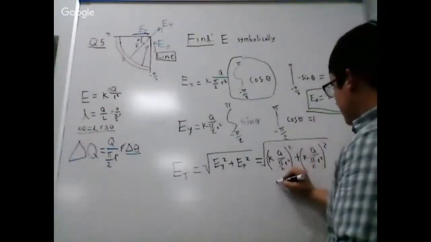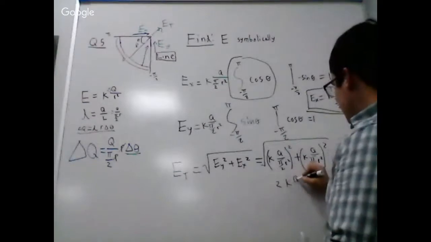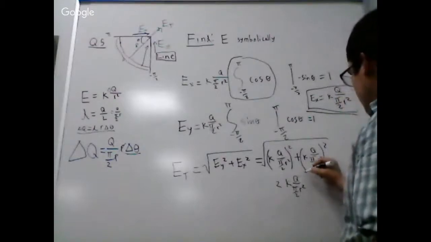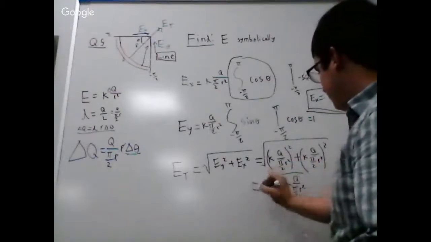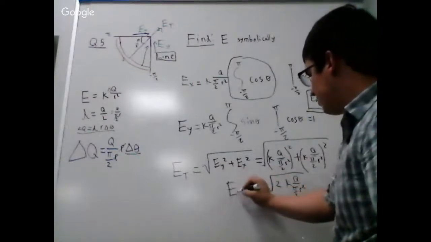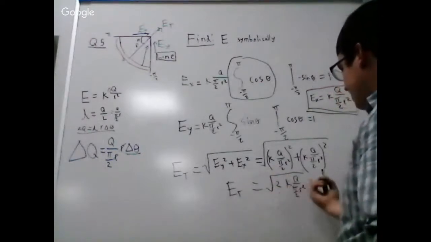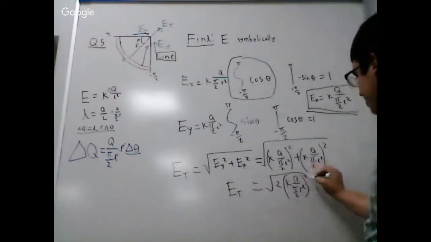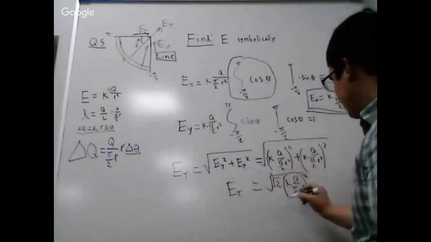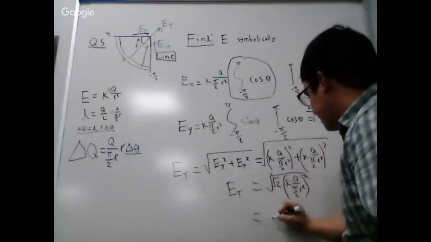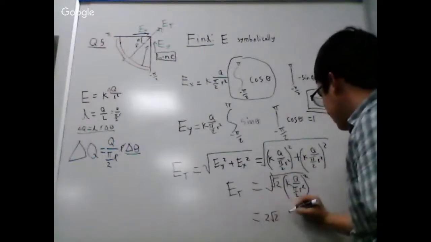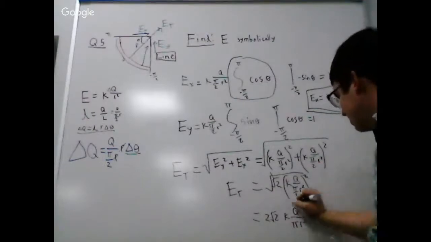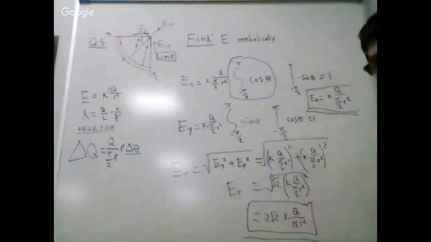We can add these together to get 2 times K Q over pi halves R squared, and that's what your E total is equal to. Now, that's squared, sorry. So we can simplify that a little bit. That can go away, and that's still square rooted. This 2 can come up. So we can actually get an answer of 2 times the square root of 2 times K Q over pi R squared. And that's our final answer.